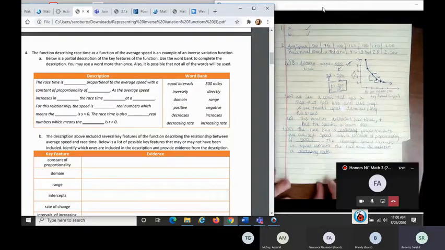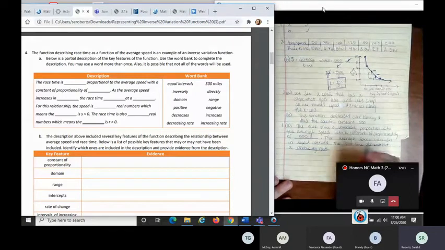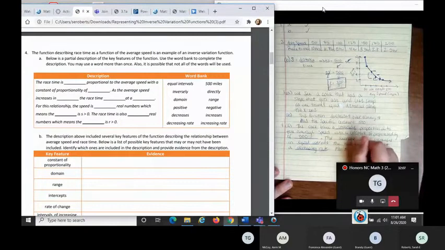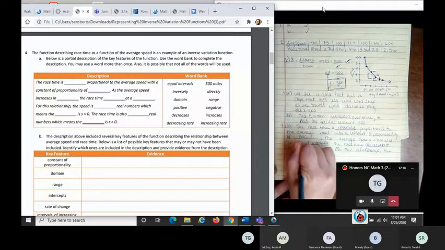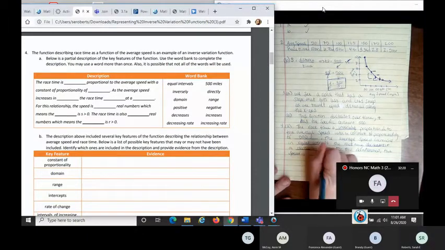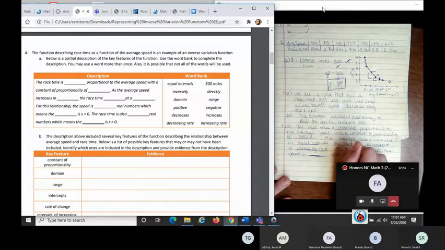Okay, so then it says for this relationship, the speed is blank real numbers. What'd you guys say?